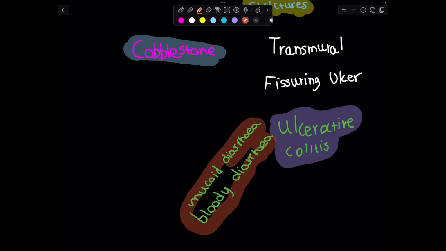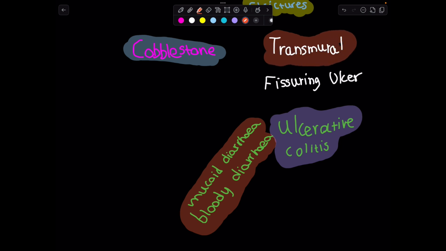Causes, both involve genetics, UC, HLA-DR, Crohn's, NOD2, and environmental triggers, diet, smoking, stress. UC is more tied to autoimmune mucosal attack, Crohn's to dysregulated immune response and gut bacteria. Clinical features, UC, bloody diarrhea, urgency, tenesmus, feeling of incomplete evacuation, Crohn's, diarrhea, less bloody, abdominal pain, weight loss, fistulae, strictures. Can you summarize in a sentence?